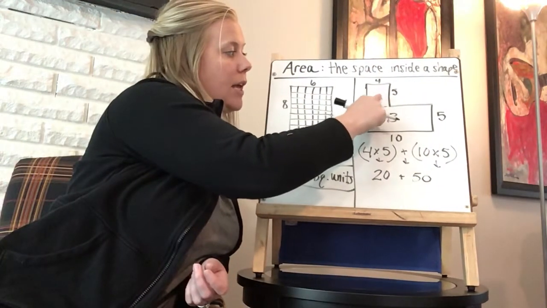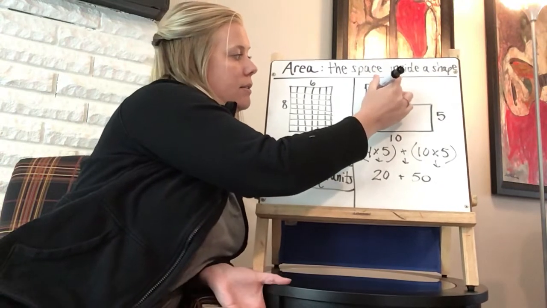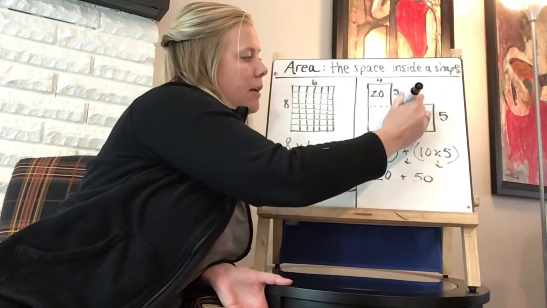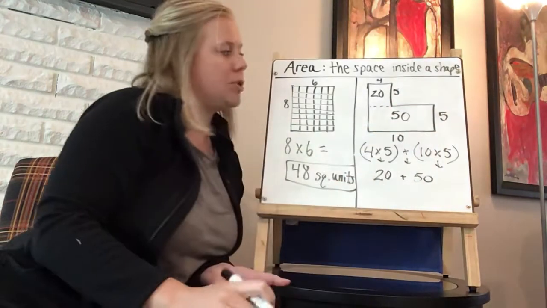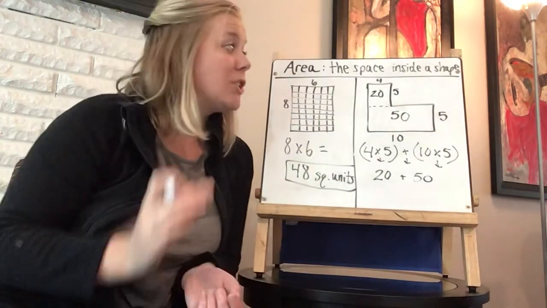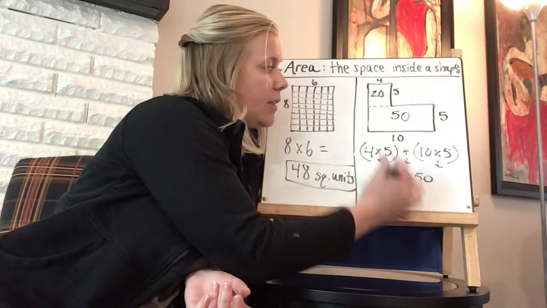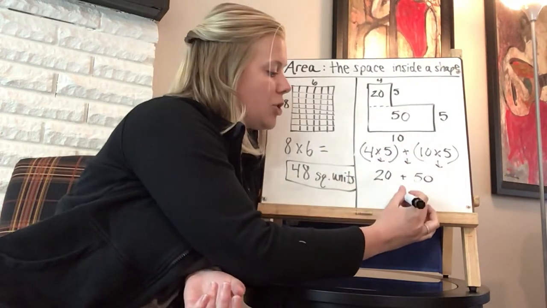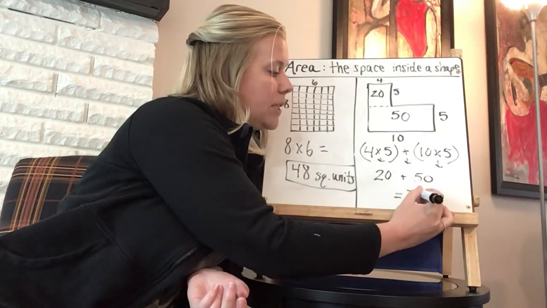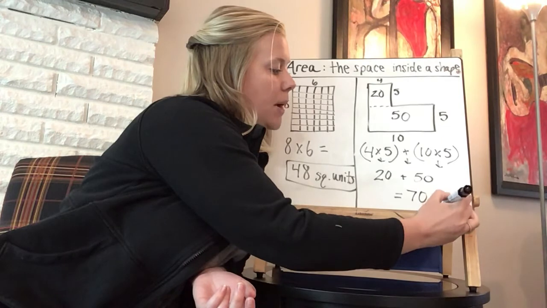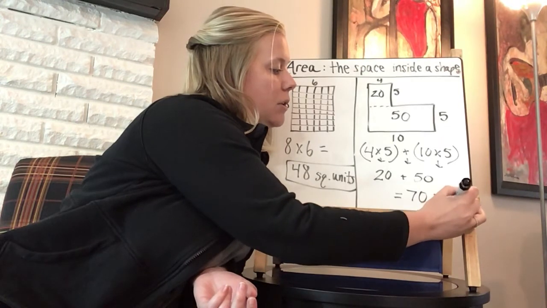So rectangle A, the area is 20. And rectangle B, the area is 50. Just so we can have a really clear visualization of what each is equal to. We need to add it together to get the total area of that shape. And we know 20 plus 50 equals 70. What do I need to add? My label, square units.